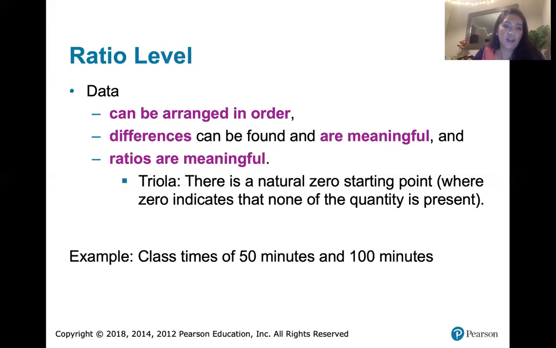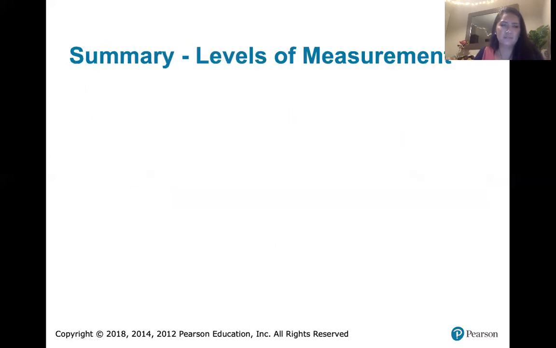And you can also subtract: an hour-and-a-half class and a 60-minute class, well, there's a difference of 30 minutes. So differences are meaningful, ratios are meaningful, and the length of the class time can be arranged in order. So that's data at the ratio level of measurement.